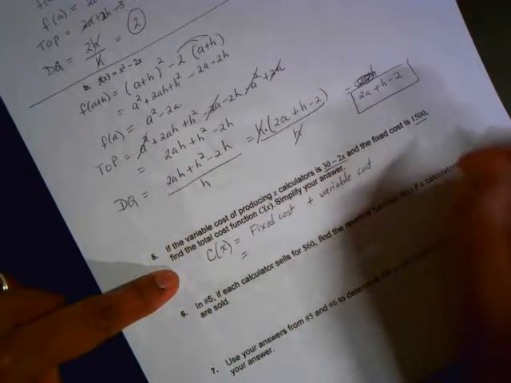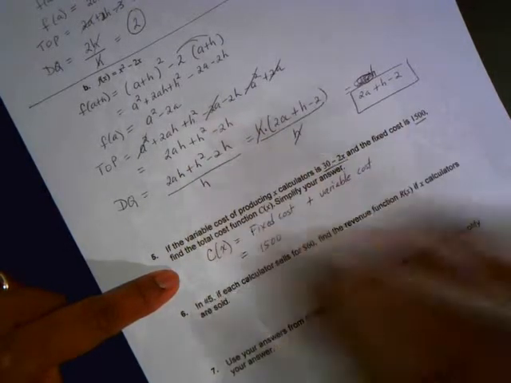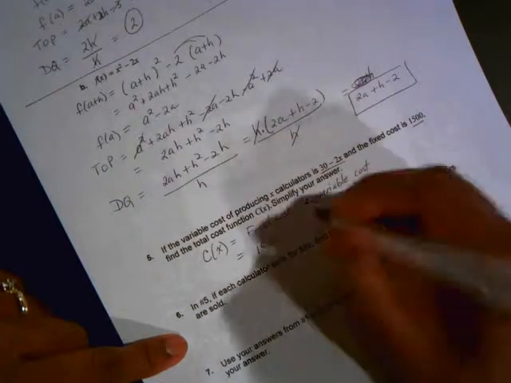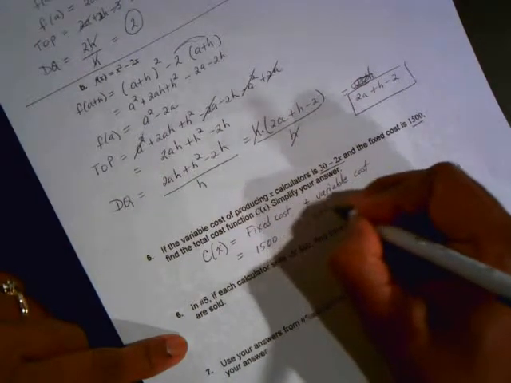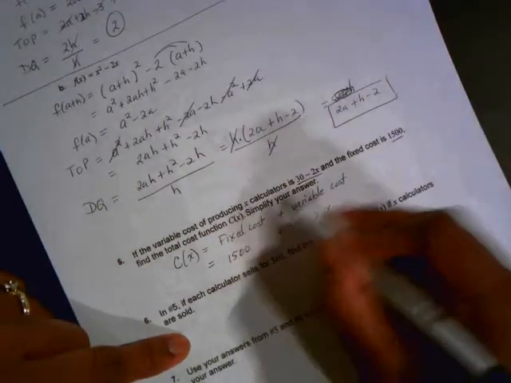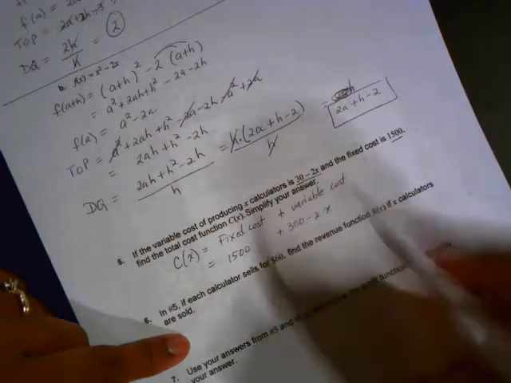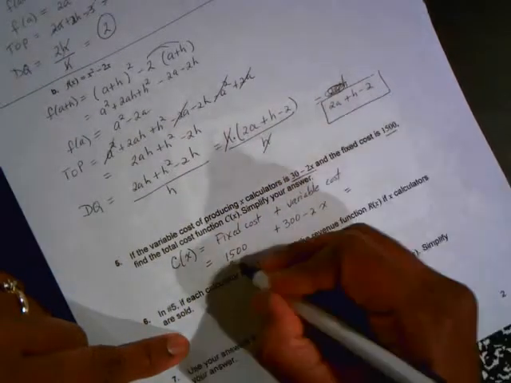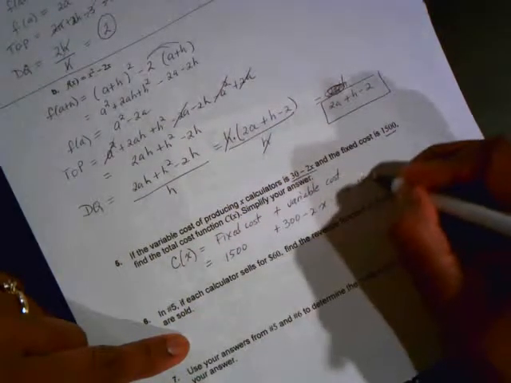The fixed cost is $1,500, just to make any number of calculators. The variable cost is 300 minus 2x. It's not saying it's the variable cost per calculator, it's for all x calculators. So we can combine like terms and we get 1,800 minus 2x.